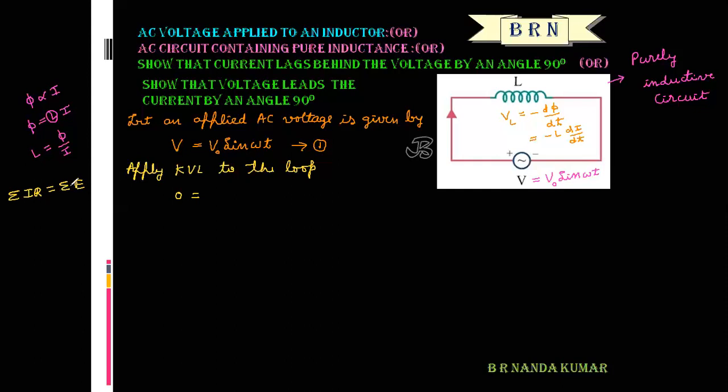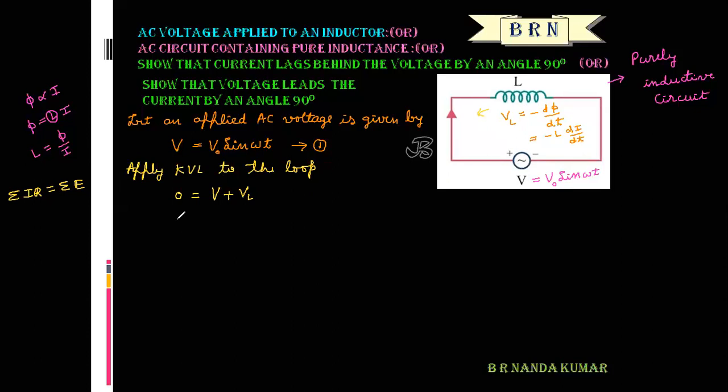But the algebraic sum of EMF: here there are two EMFs. One is the applied EMF and another one is the induced EMF. So one is V and another one is VL. Actually V is positive, so VL is negative because VL opposes the direction of current.